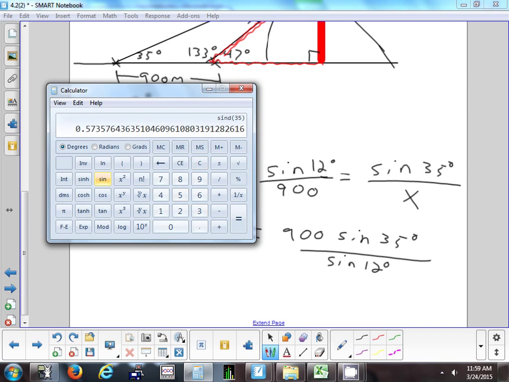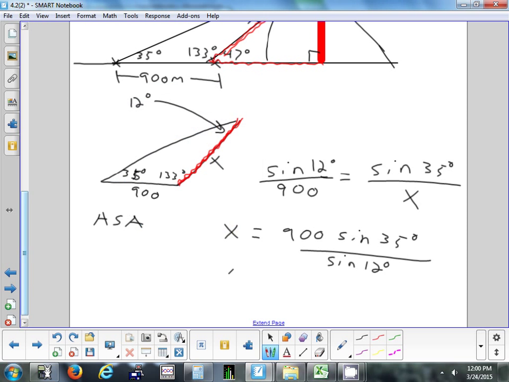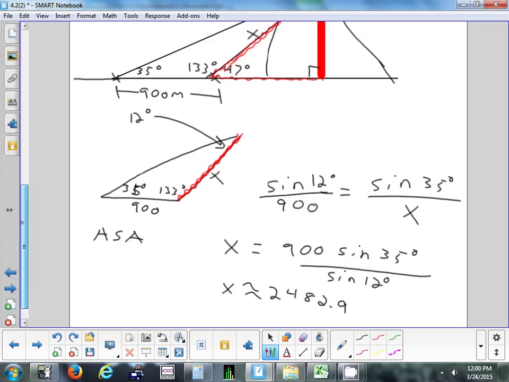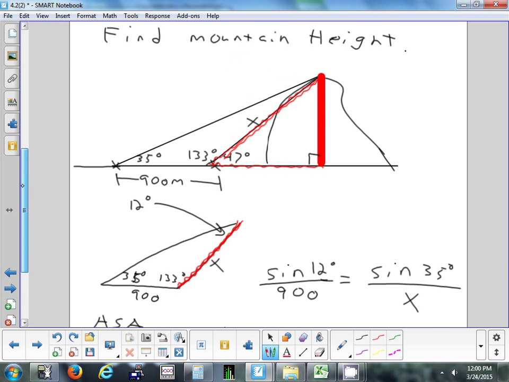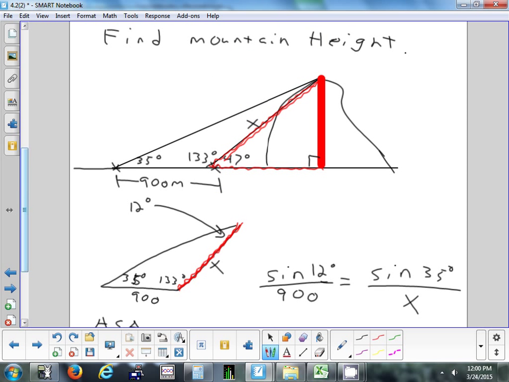So there's the sine of 35 times 900 divided by the sine of 12. Right, so that side is 2,482.9. Close enough. Now, is that the height of the mountain? No. That's just this side.